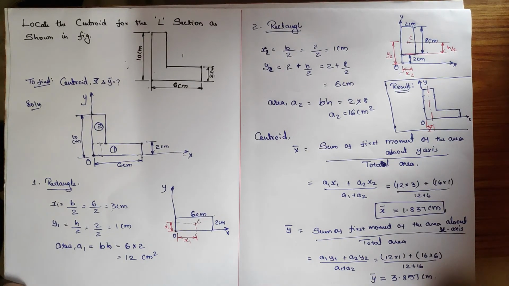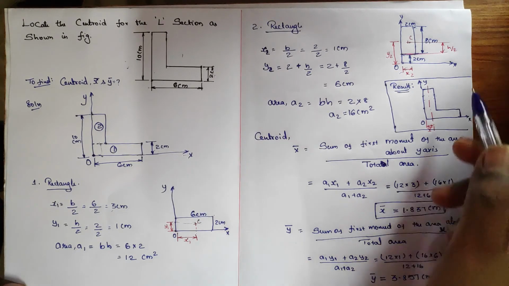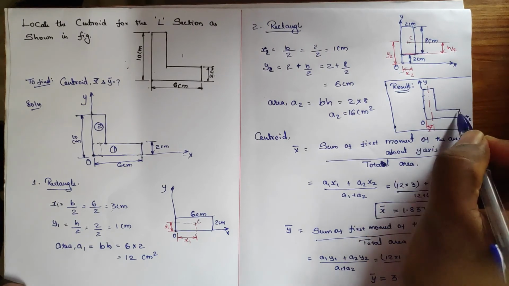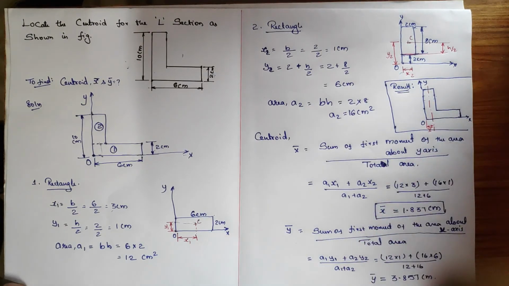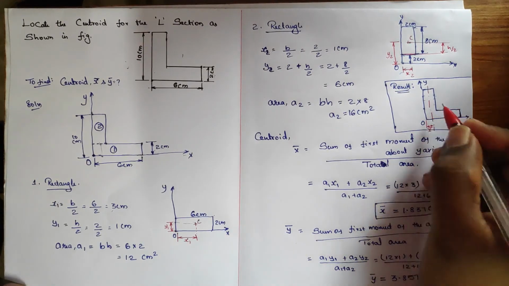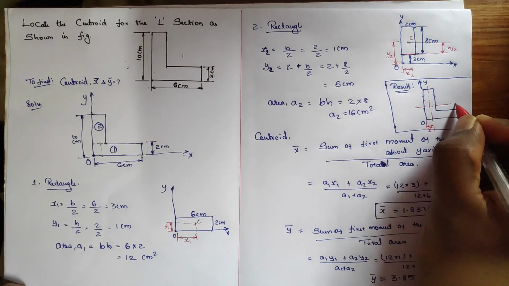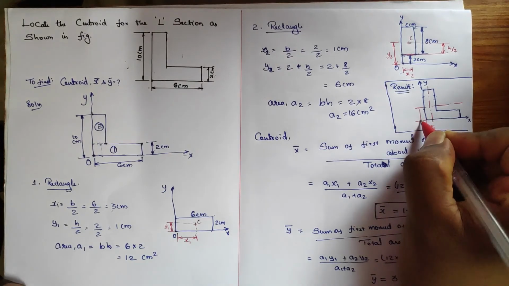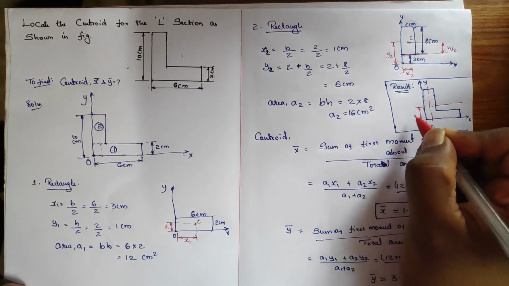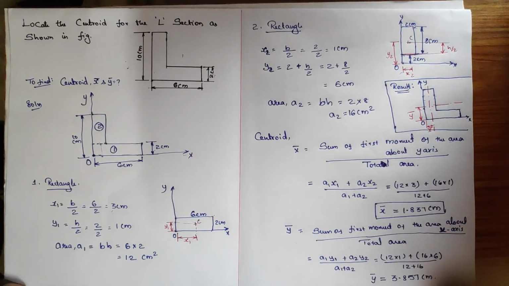And what about the y bar? Y bar is 3.8. This thickness is 2, so that line should be more than this, somewhat ahead. I am going to plot it down. This distance is y bar.